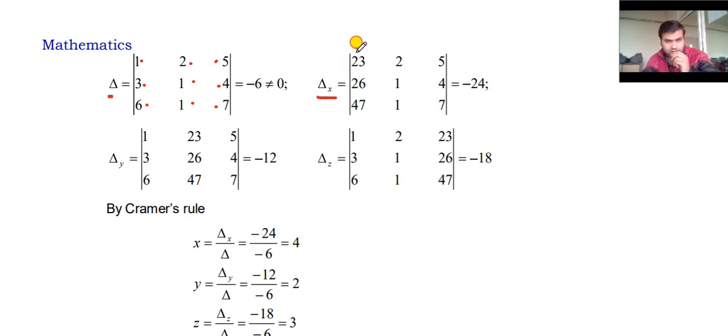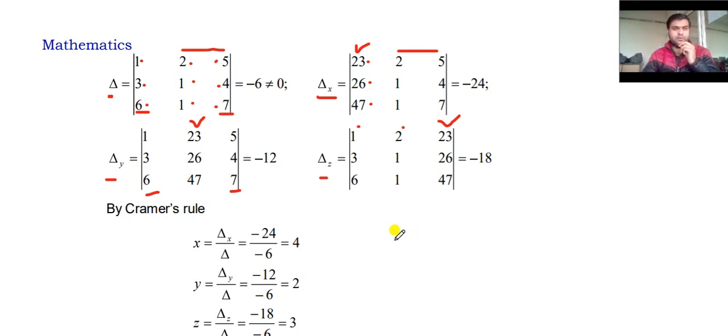In delta x, the first column is replaced by D1, D2, D3, whose values are 23, 26 and 47, but the other two columns remain the same. In delta Y, D1, D2, D3 take the second column, so the first and third columns remain the same. In delta Z, the third column is replaced by D1, D2, D3, and the first two columns will be the same.